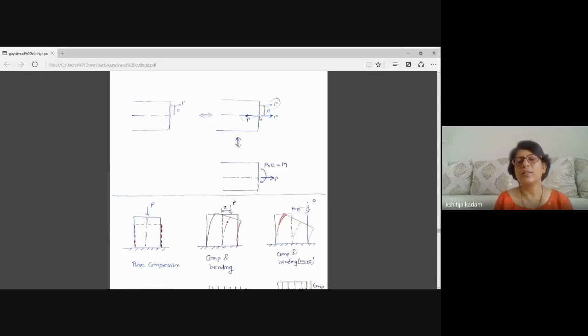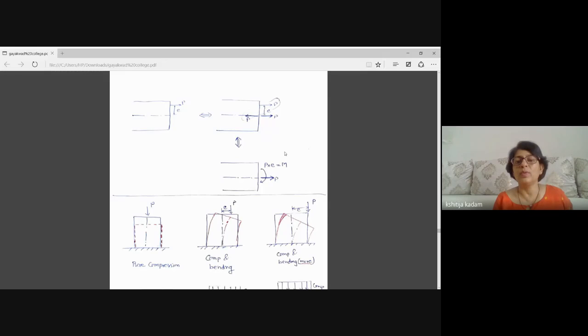So what will I do? At the neutral axis, I will apply two equal and opposite forces P. These are two equal and opposite forces applied at the same point, so it is as good as the first sketch. Now the leftward P on the neutral axis and the original P towards the right will make a couple, because these are two equal and opposite forces at a distance e.